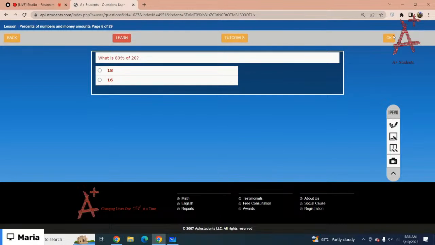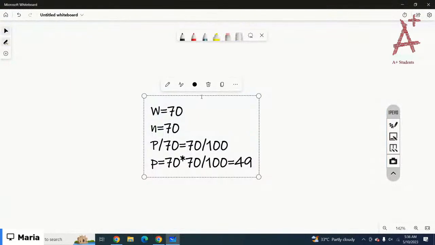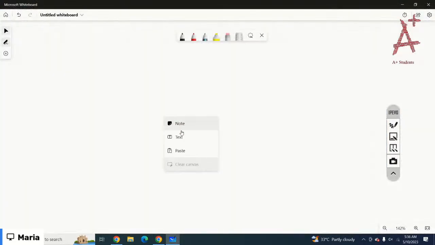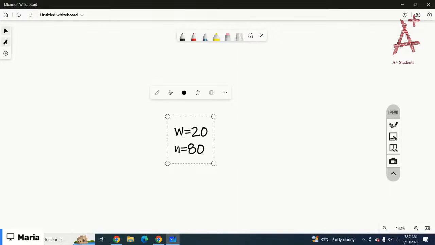What is 80% of 20? You need to calculate 80% of 20. The whole is 20, so it would be the part divided by 20 equals 80 over 100.